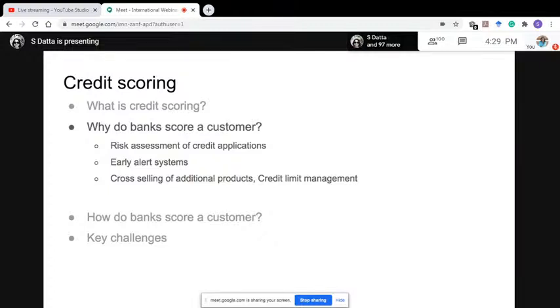That's what helps you to calculate how much capital you need to hold. The need to hold capital is something that's to make banks more stable. So it's a regulatory requirement.